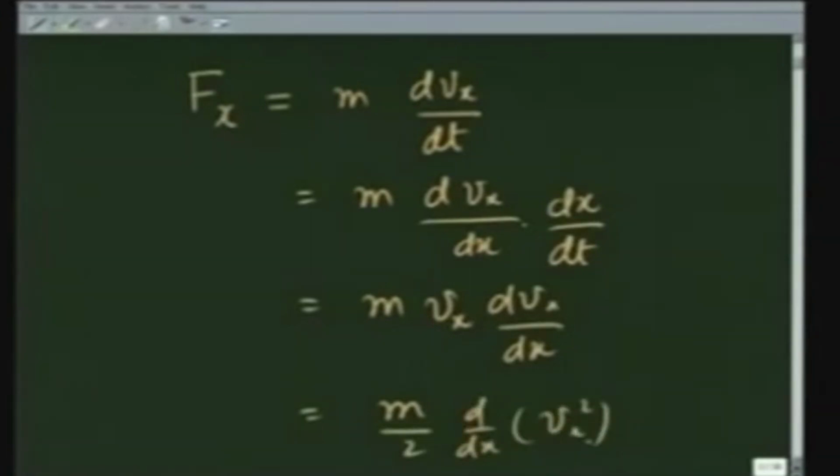So, you see, I have now related the force directly to velocity, and there is no need to integrate over time. Let us see how it makes our problem solving slightly easier.